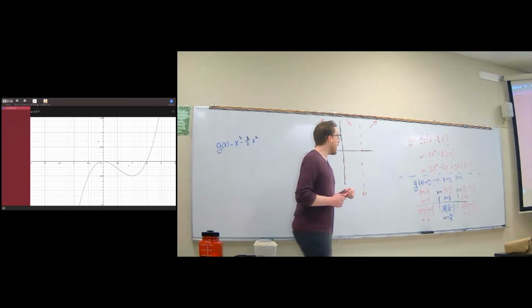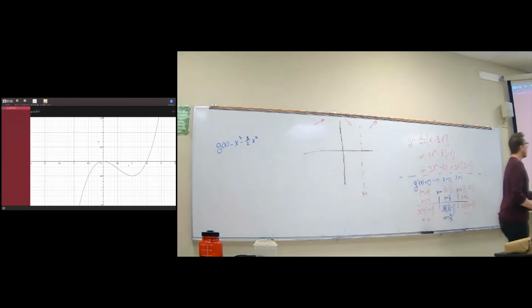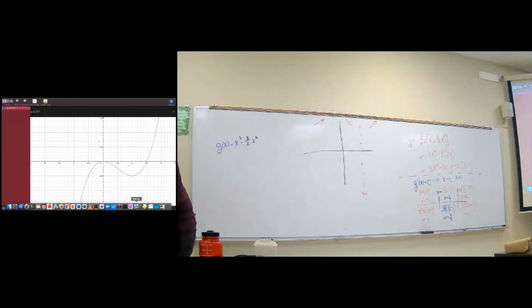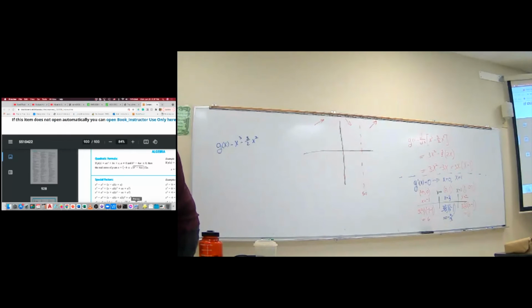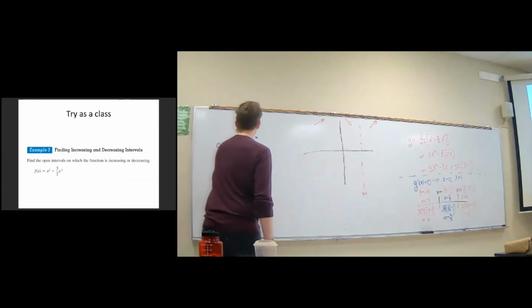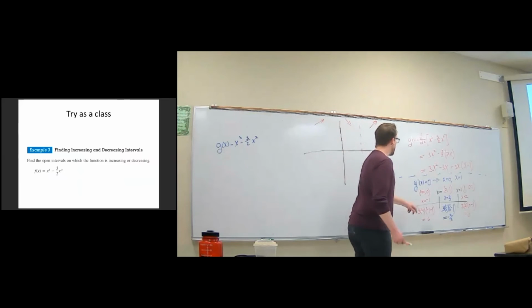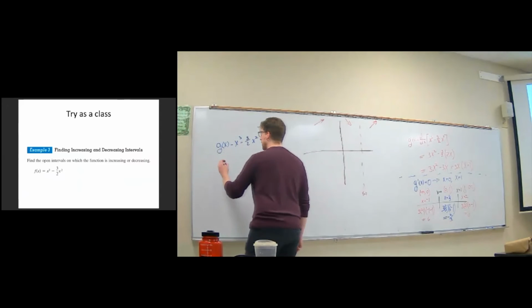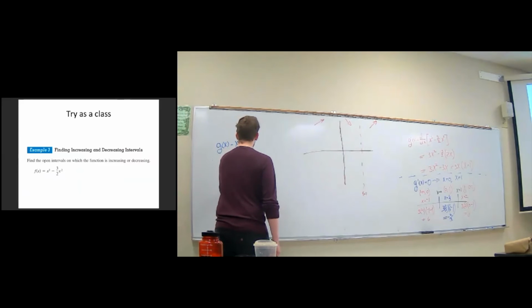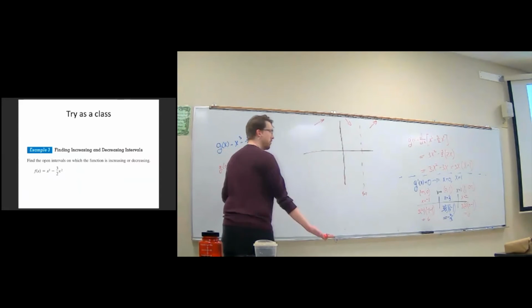So if we wanted to actually have plotted this based on this, let's say we don't know what that looks like. We go back to that. Let's throw in 0 into our function. G at 0 is equal to 0 minus 0, so 0.